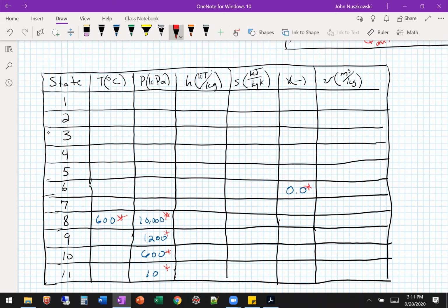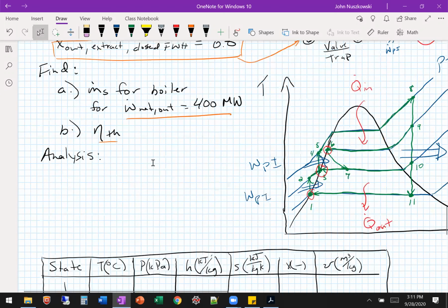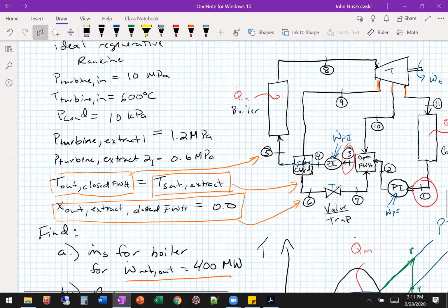Okay. So let's see if we can utilize some of this information to fill in some of the rest of the table. Based upon what we have here, our TS diagram and our schematic, what else can we fill in?